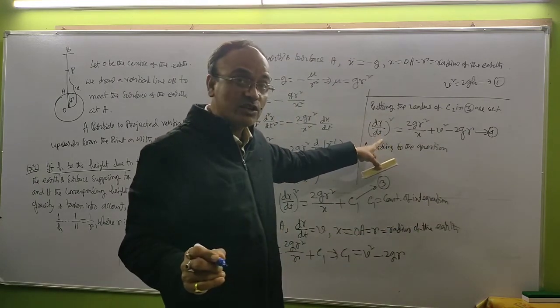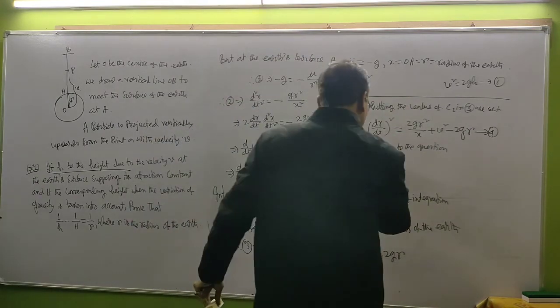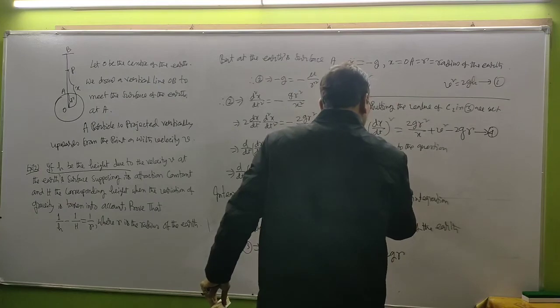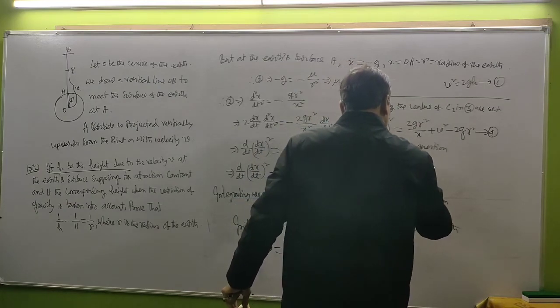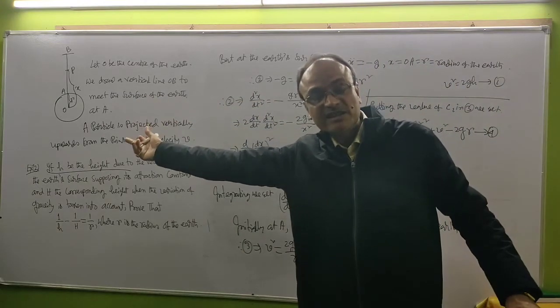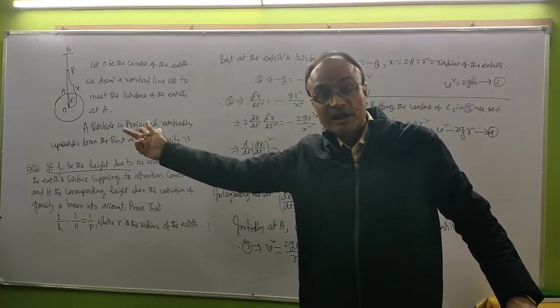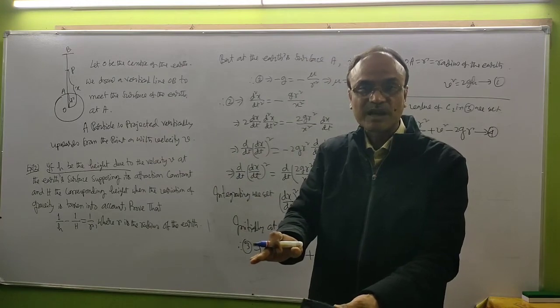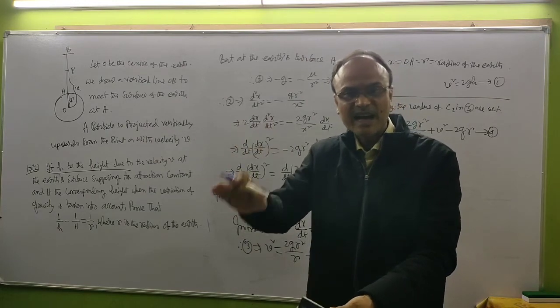The velocity is 0, so dx/dt will be equal to 0 when x is at distance capital H from the surface of the earth. From the center of the earth it will be R + H.